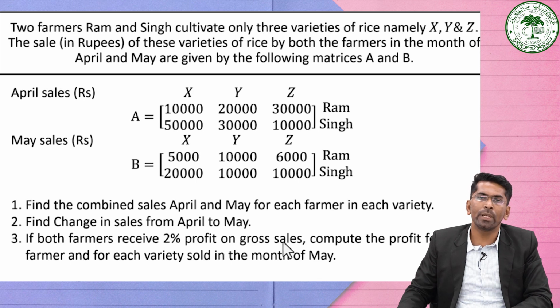Consider the first question: find the combined sale of April and May for each farmer in each variety. Here we just want to add up these two matrices, A plus B, to get the combined sales.